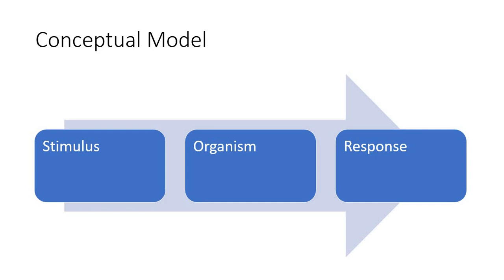But we can then, from this conceptual model, move towards a more detailed model, which would be like this. We say that training is a stimulus, skill and motivation are the variables which are related to an organism because these are the internal characteristics or conditions of an organism, which in this case is an employee, and then productivity is a response given by the organism.